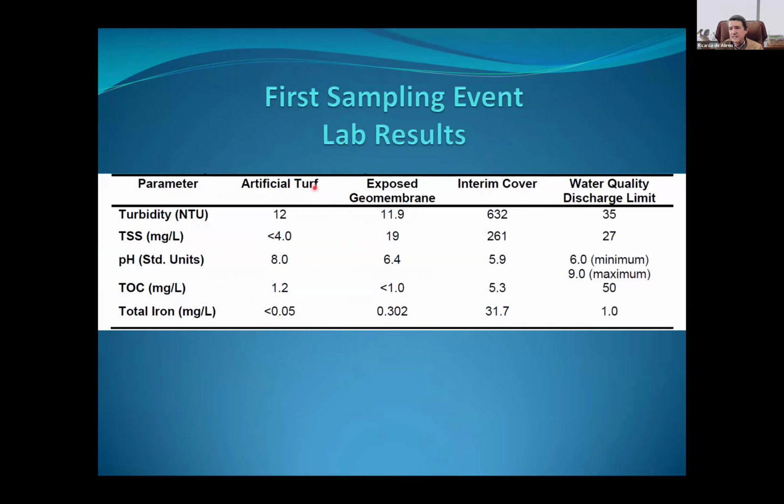What we're seeing is pretty much what you would think: much less turbidity and much less TSS in the areas covered with artificial turf and exposed geomembrane, and those are way below the water quality discharge limit.